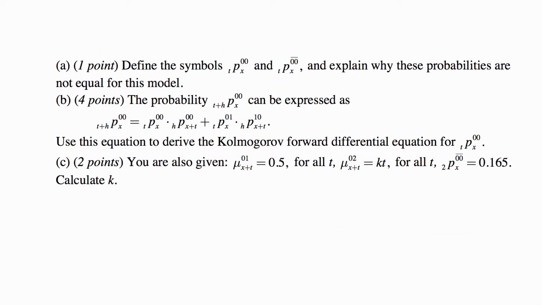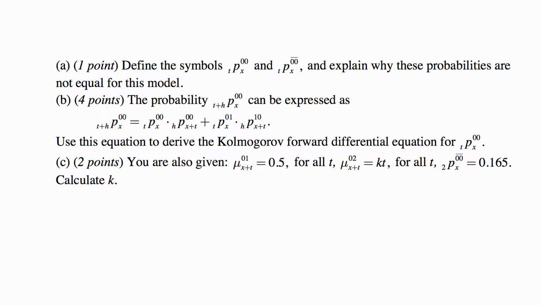And here are the questions. Define the symbols t p x superscript 00 and t p x 00 with a bar above it, and explain why these two probabilities are not equal for this model. So in the superscript, it tells you what state you go from and to, 0 and 0, so you go from 0 to 0.